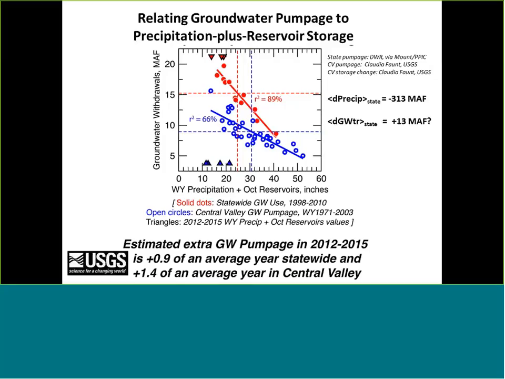And for the state as a whole, the red dots, I get this wonderful looking R squared, 90% of the variance is explained. Of course, it's a small sample size. With the Central Valley, the R squared is lower, but I'm not totally depressed by that number.